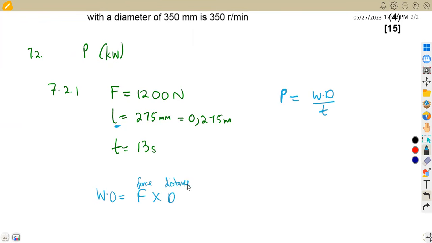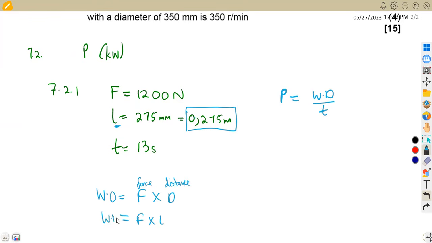But which distance are we considering? That is our stroke length in this case. So our formula can be force times the stroke length, L. This is the formula we can use to calculate the work done.